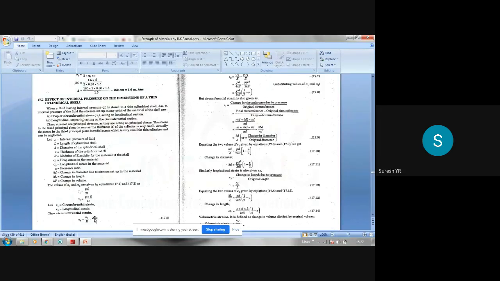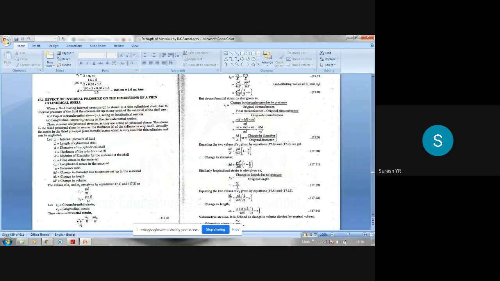And the strain due to sigma 2 also we have to consider. So the strain due to sigma 2 in the direction of sigma 1 will be minus mu times sigma 2 by E. This is the lateral strain part. This is the linear strain part. I explained this when I did generalized Hooke's law, so the same concept is used here.